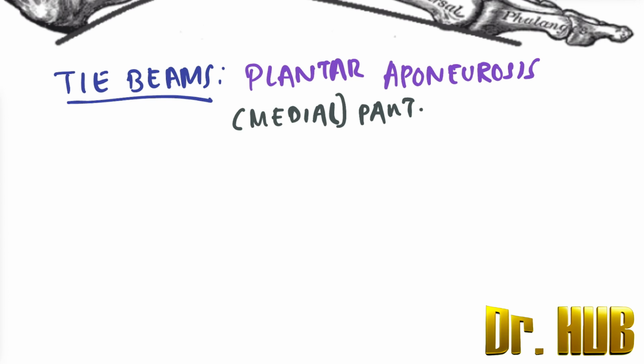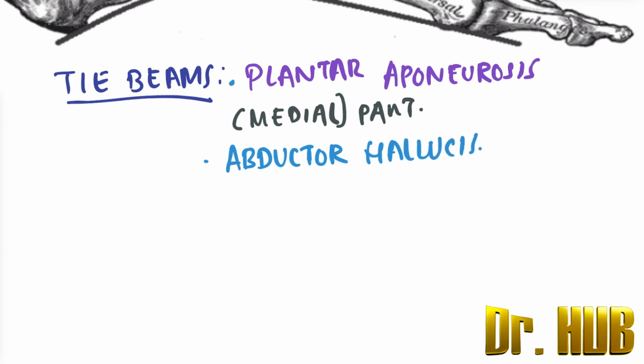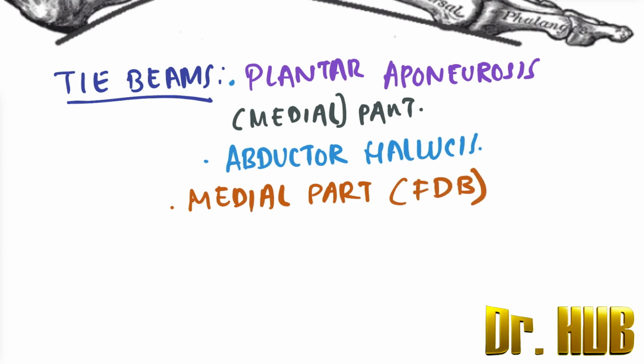And there is also the presence of the abductor hallucis, as well as the medial part of the flexor digitorum brevis. So we are writing it as FDB.